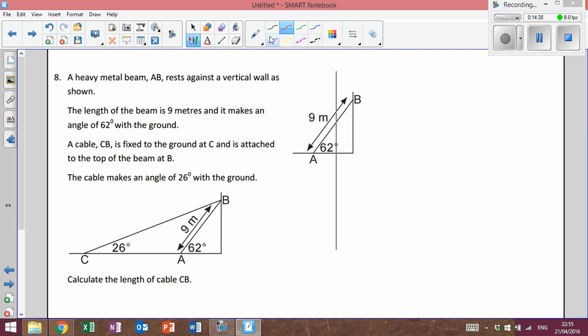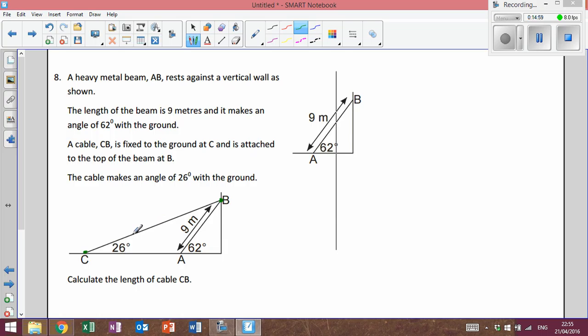Okay, question 8, starting to get a little bit more involved. There's a heavy beam, and so on, small triangle, and we're looking for the length of cable CB. Okay, so we're looking for CB. Now, notice in that big triangle, I've got 9 and 26.